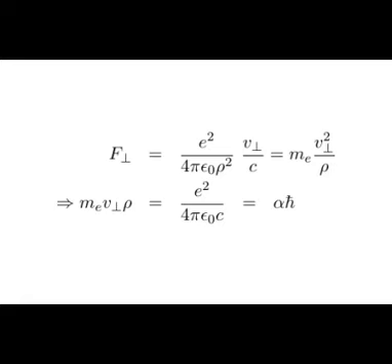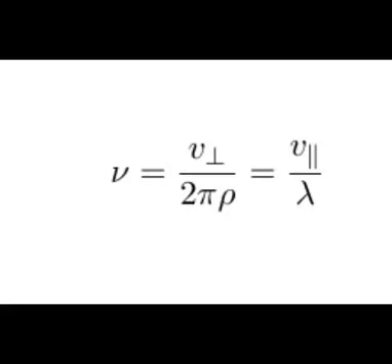And this, as you see, should be equal to the fine structure constant times lambda, sometimes the Planck's constant. Now, if you look at the frequency of the transverse spiral, this should, of course, be equal to the longitudinal frequency of the associated wavelengths.